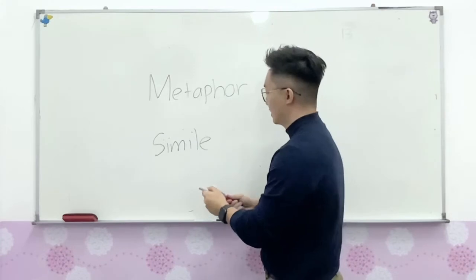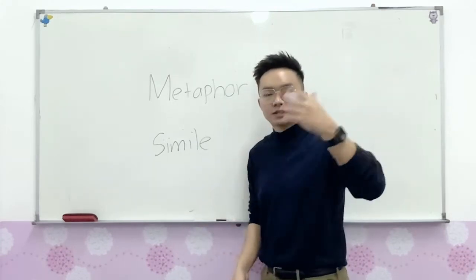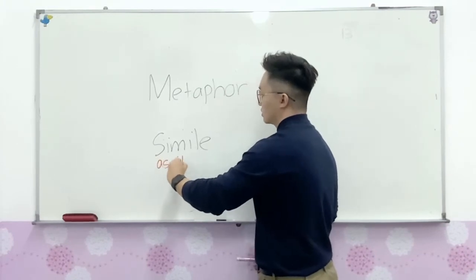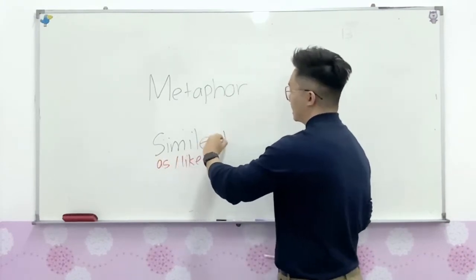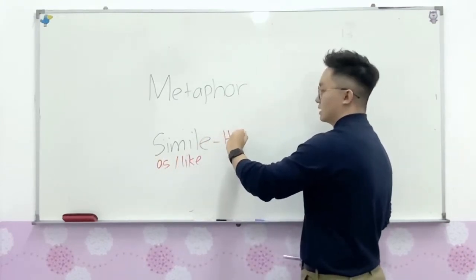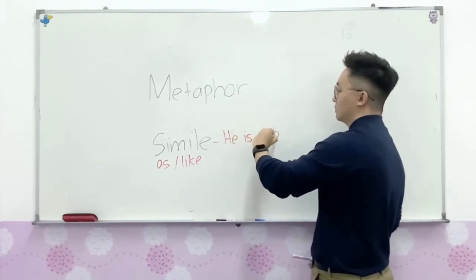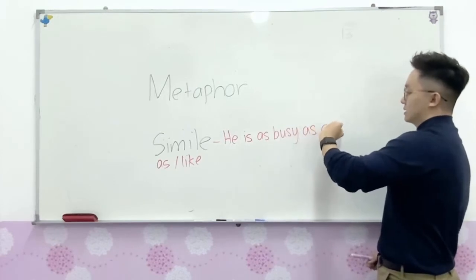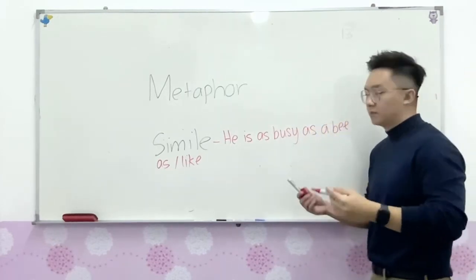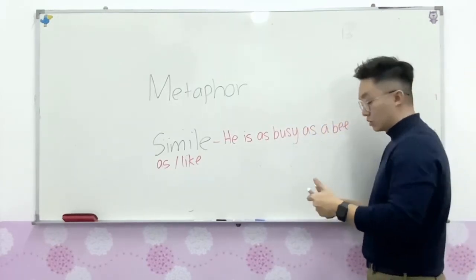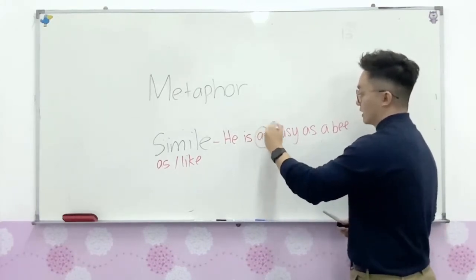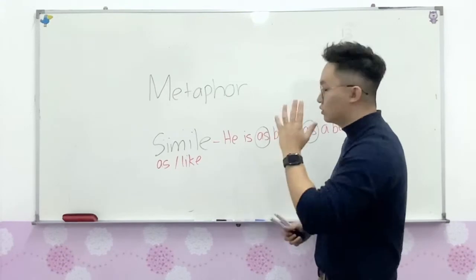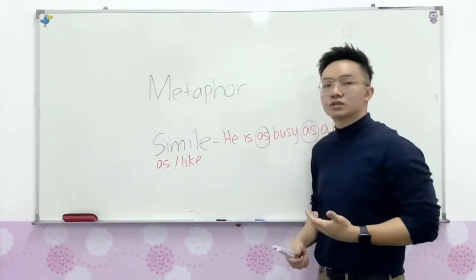For example, for the sentence just now, you use as or like: he is as busy as a bee. Basically this is a simile, so you use as.